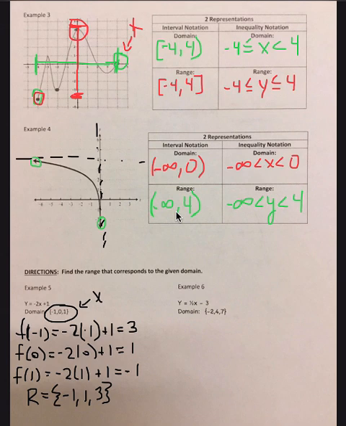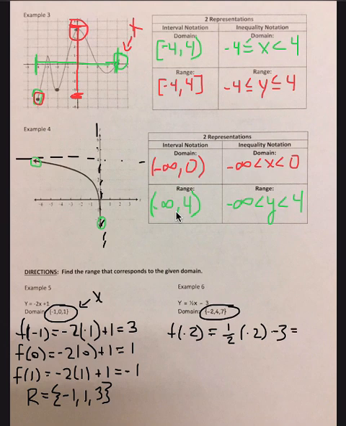We do number 6 the same way. We plug in -2, 4, and 7 into the equation. So we say f of -2 equals 1/2 times -2 minus 3.